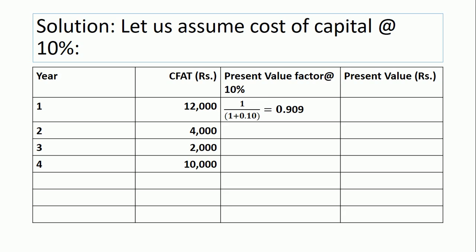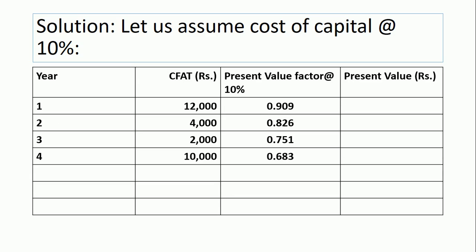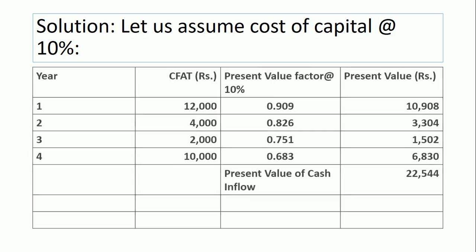For the second year, if you press equals on an ordinary calculator, the next value will be displayed, or otherwise 0.909 into 0.909. The second year value is 0.826. For the third year, 0.826 into 0.909, that is 0.751. For the fourth year, 0.751 into 0.909, that is 0.683.